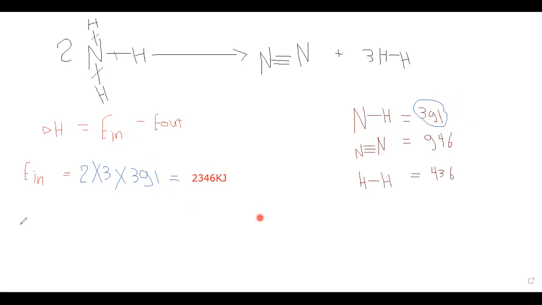Now I'm going to find energy out. How can you find energy out? I said before, energy out is the energy of the product: N triple bond N plus 3 H bond H. Start with the first one. What is the value of N triple bond N? 946.